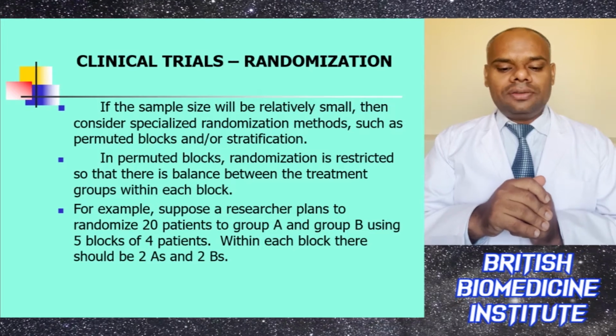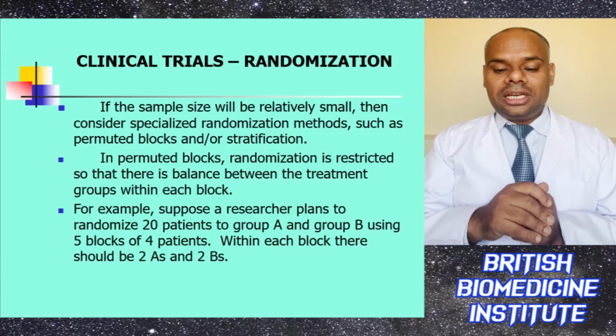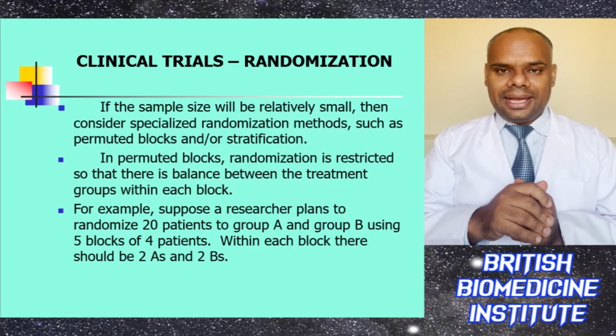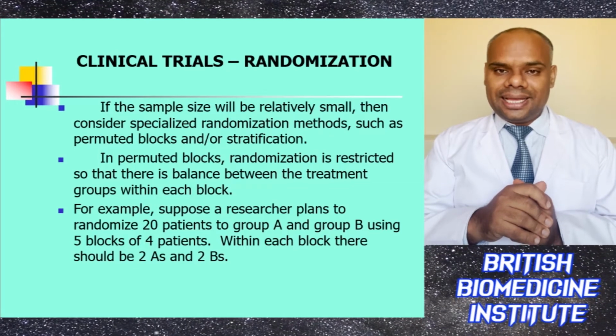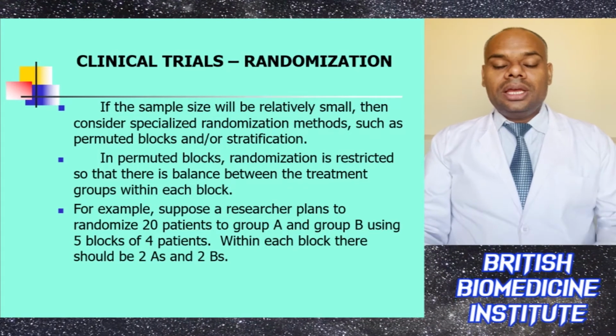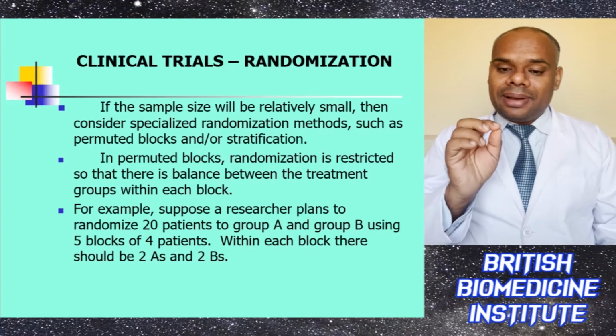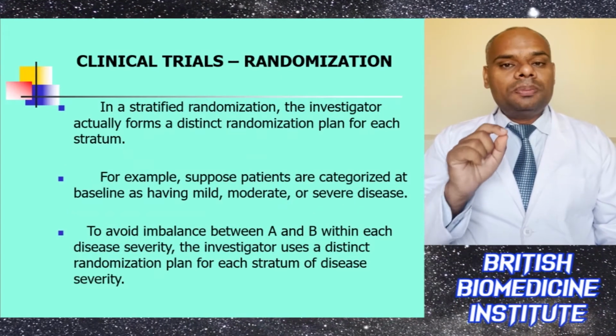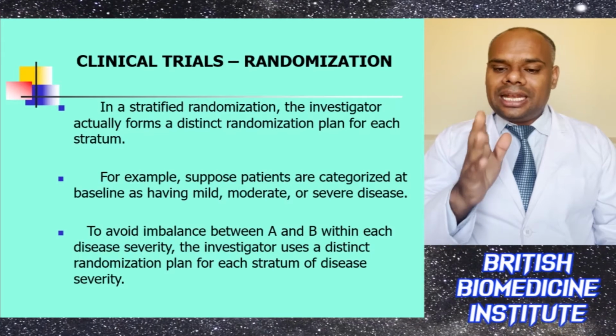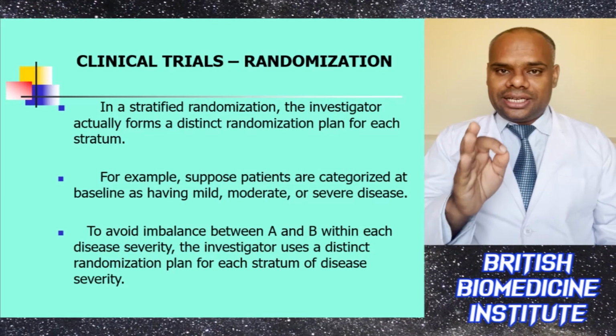Within each block they should be renamed as 2As and 2Bs. In a stratified randomization, the investigator actually performs a distinct randomization plan for each stratum.